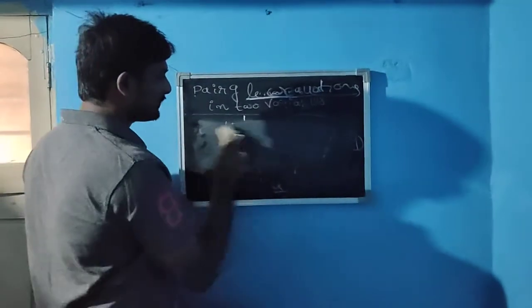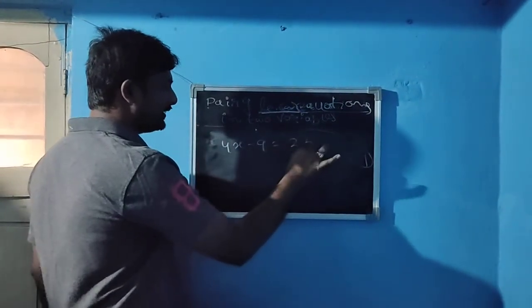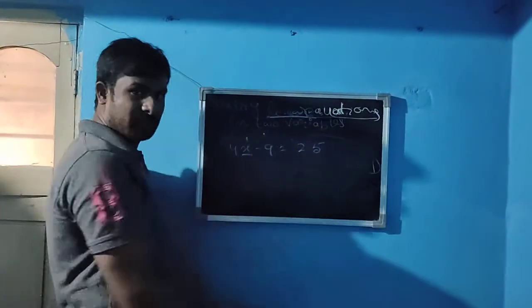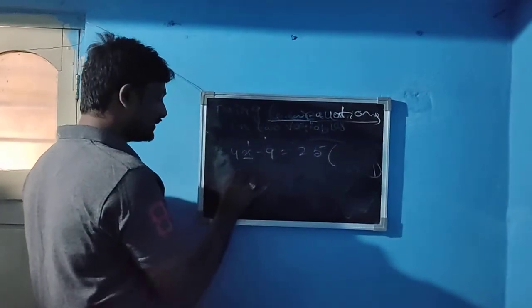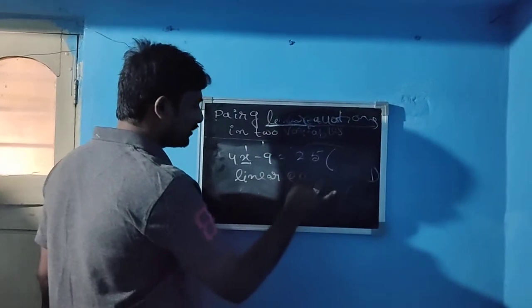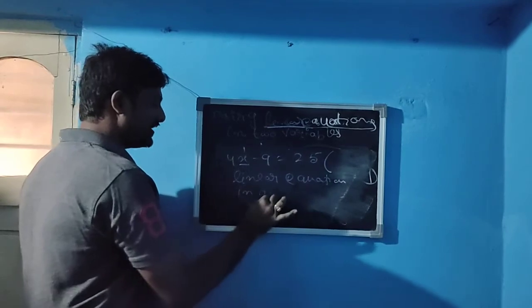Suppose 4x minus 9 is equal to 25. In this one, the degree is 1, but only one variable is there. That's why this equation is called a linear equation in one variable.